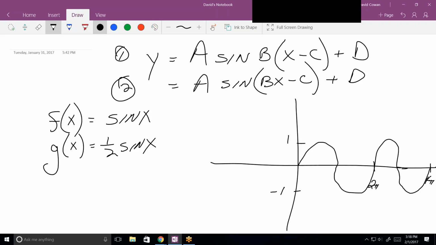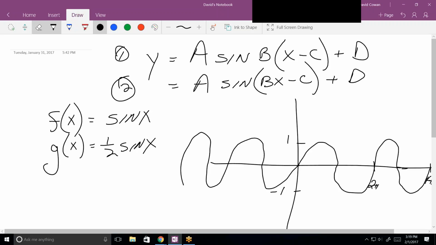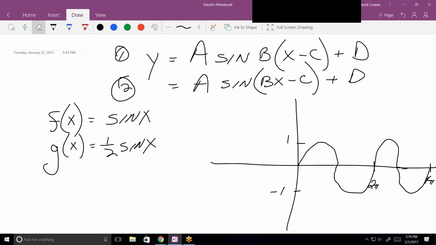And if you don't have this memorized, it's a good idea to memorize it. That's the parent function. In fact, that's actually considered one of your 10 elementary functions that you should have memorized. And of course, it goes negative also. But since they said graph two periods only, I graphed the two positive periods.